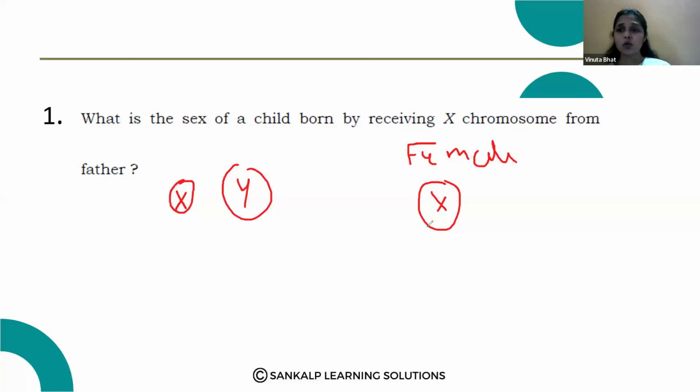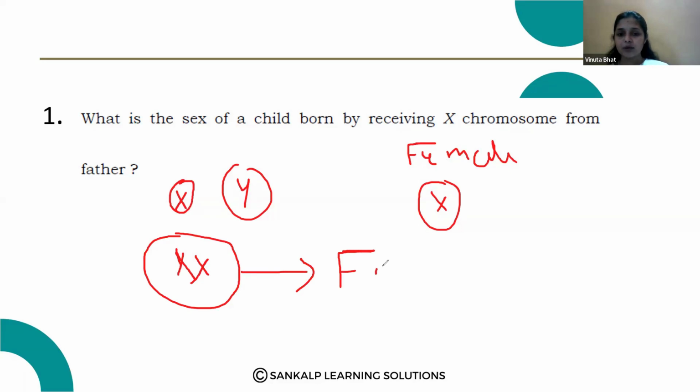If the X chromosome from the father fuses with the female gamete, the resulting zygote will develop into a female, because females have XX chromosomes and males have XY sex chromosomes. So the correct answer is the sex of the child is female.